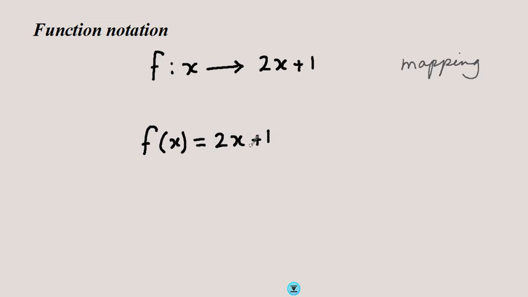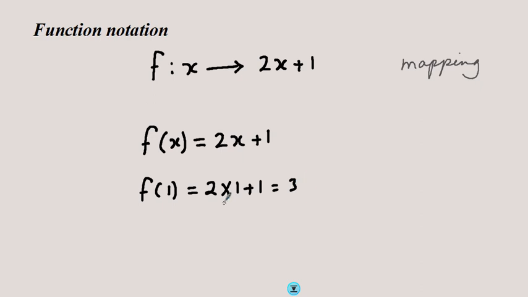This says exactly the same, but it says that when x enters into the function f, it becomes equal to 2x plus 1. And in this case, we can say, okay, what is f of 1? That is when x is in the domain. This is 2 times 1 plus 1, which is 3.